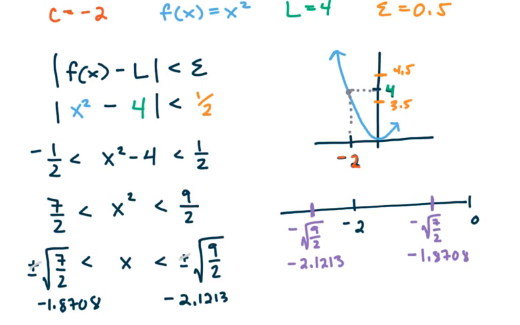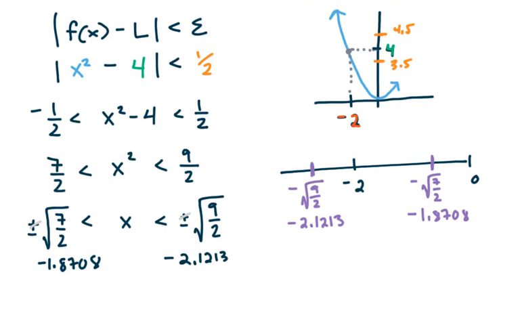And so in order for us to choose our delta, we're going to perform a subtraction. Okay, we're going to do two subtractions here. So for this region, I would say -2 minus -2.1213, which gives me 0.1213.